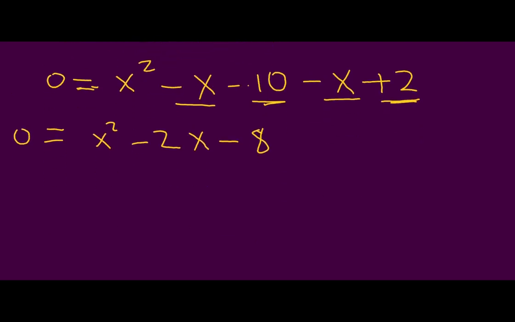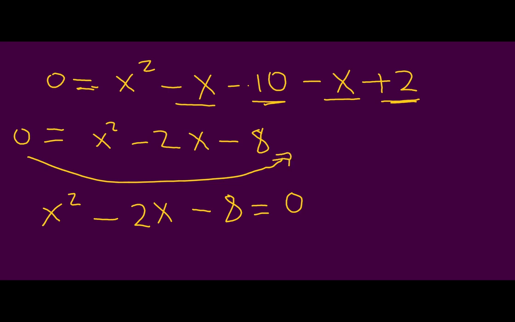Then from here I'm going to write this equation in a very proper format, x squared minus 2x minus 8 equals 0. I just took this 0 to the other side, right?